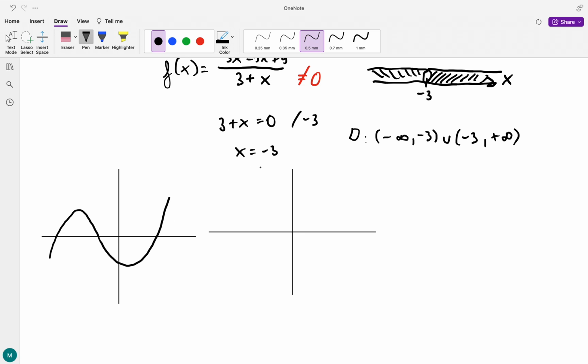And let's say at negative 3, we're just going to have a hole in our graph. So for a specific x value, in this case negative 3, this function won't have a y value. So we can say that y at negative 3 belongs to an empty set.